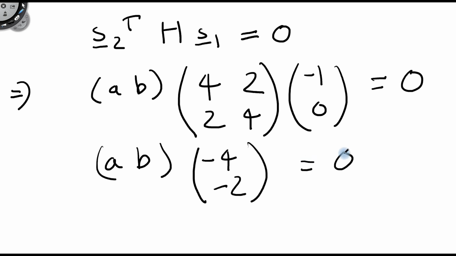Then we've got two vectors we're dot producting together. So we multiply A by -4, B by -2. That gives -4A minus 2B is 0. So that's the first bit.